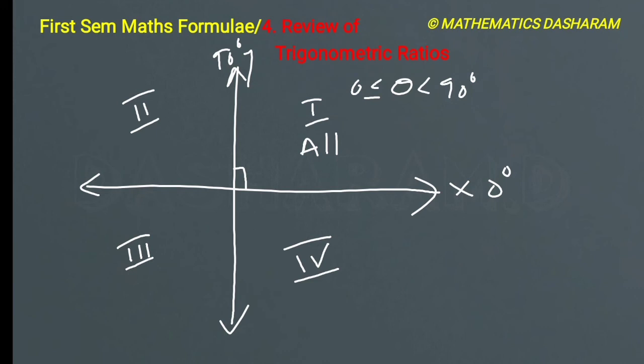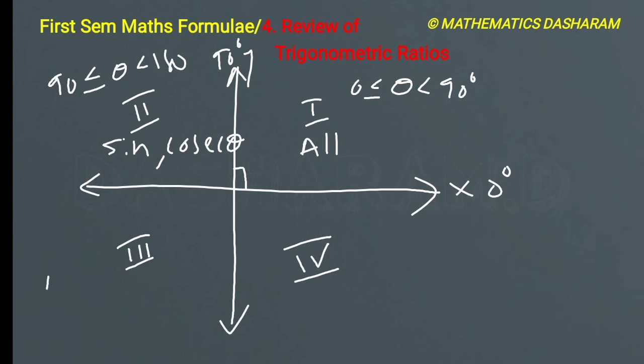Next, in the second quadrant, the angle range is 90 degrees less than or equal to theta less than 180 degrees. In this, only sine and cosec are positive and the remaining trigonometry ratios are negative. And in the third quadrant, the theta range is 180 degrees less than or equal to theta less than 270 degrees.